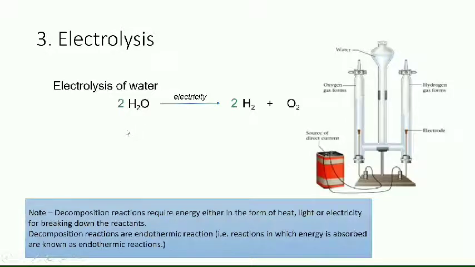This is called electrolysis. In electrolysis, two electrodes are connected, and the supply of current is connected to these two electrodes. A simple example is the electrolysis of water, where the water molecules convert into hydrogen gas and oxygen gas in the presence of electricity. This is a type of decomposition reaction.